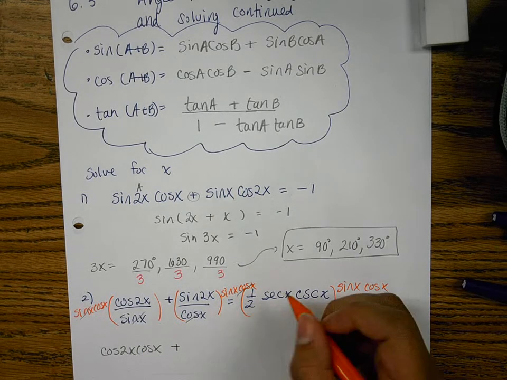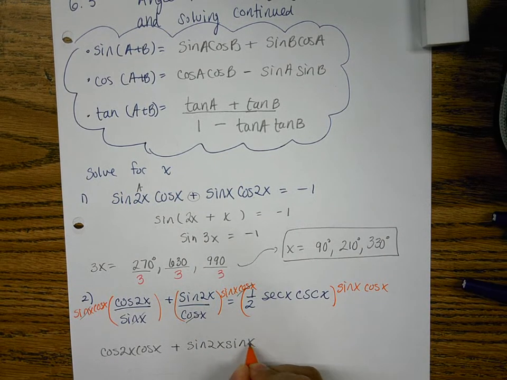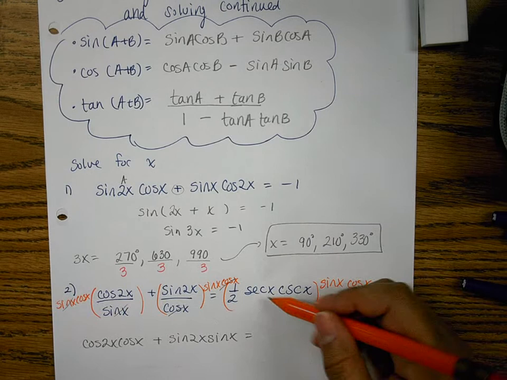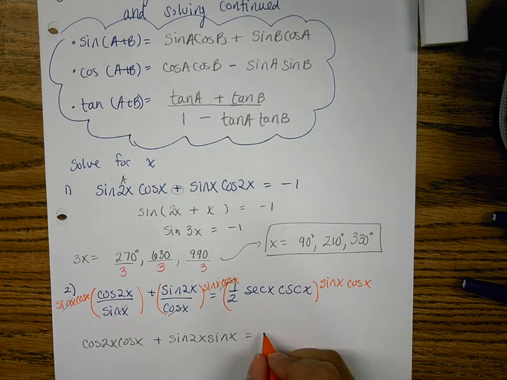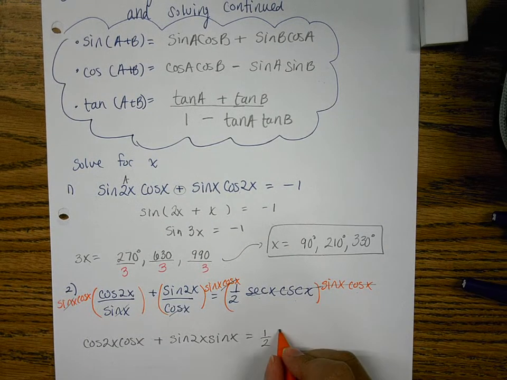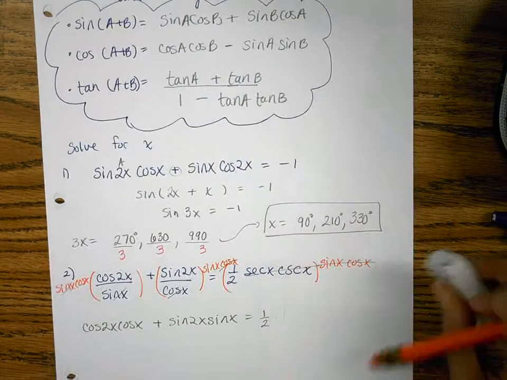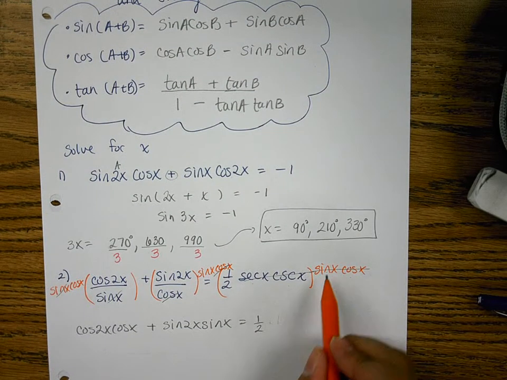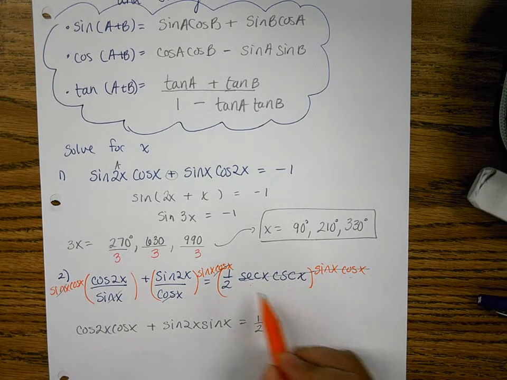Sine x reduces, leaving me with cosine 2x cosine x plus cosine x reduces, leaving me with sine 2x sine x equals, and here I have 1/2. Now noticing that secant times cosine and cosecant times sine, all of that's going to reduce to 1, so I have 1/2 times 1, which is just 1/2.